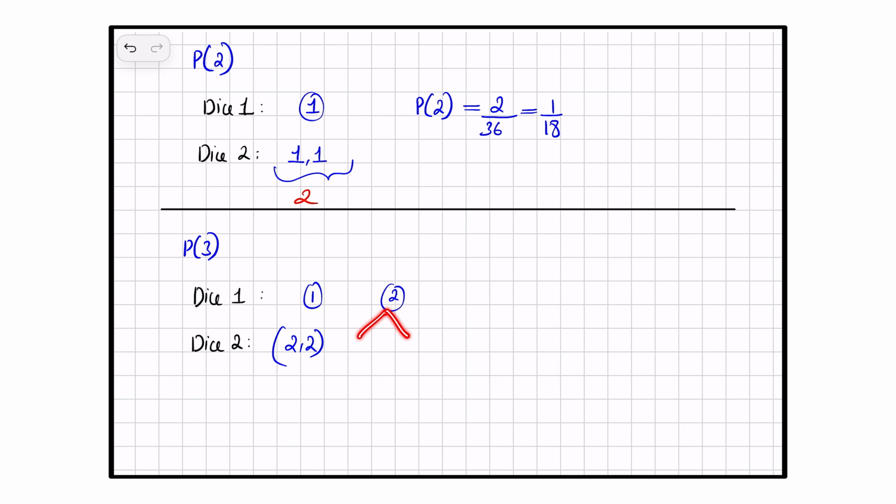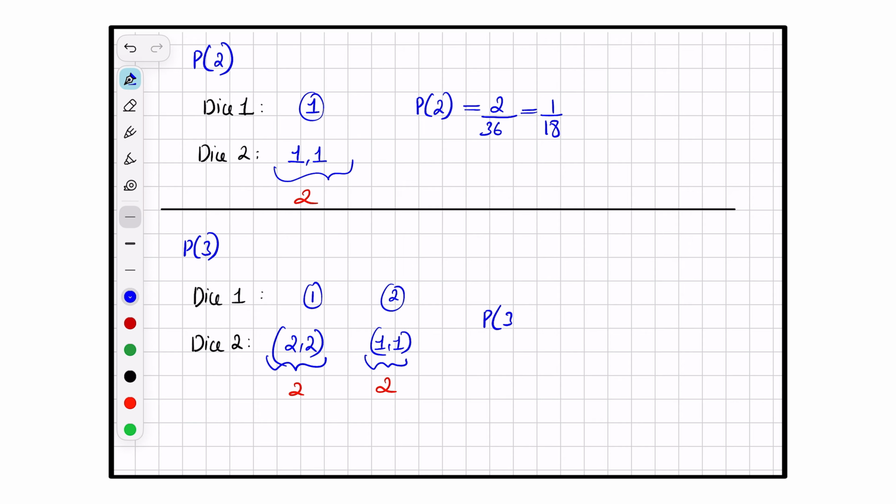What are the favorable outcomes on dice 2? I can have 1. 2 plus 1 is going to be 3, and I have 2 ones in dice 2. That means there are 2 outcomes possible, 2 outcomes here and 2 outcomes here. So the probability of getting a 3 is 2 plus 2 divided by 36, which is nothing but 1 by 9.